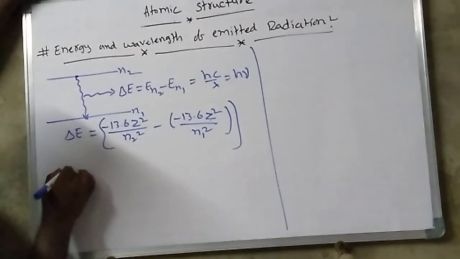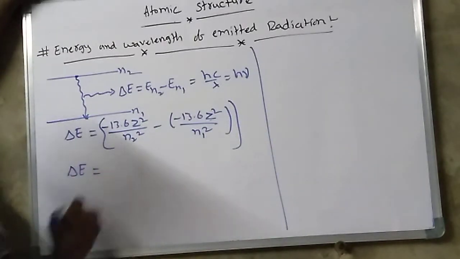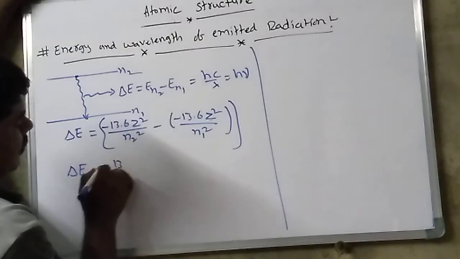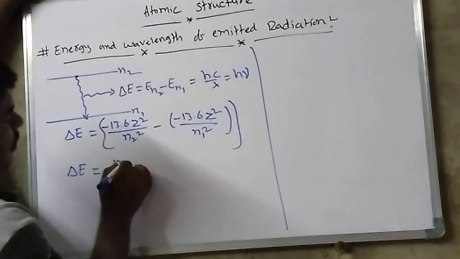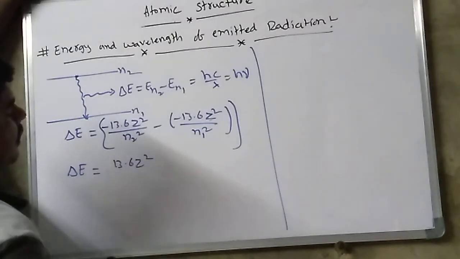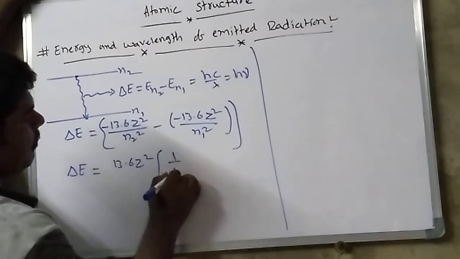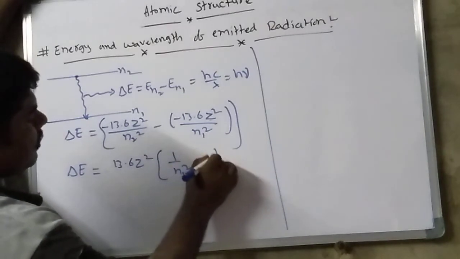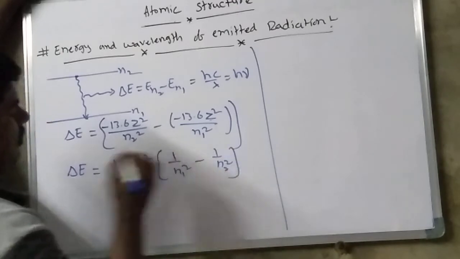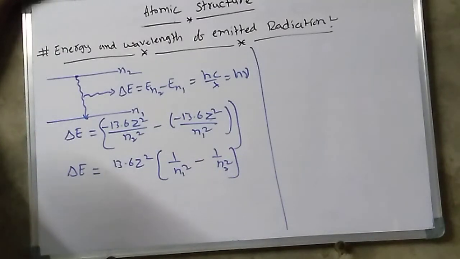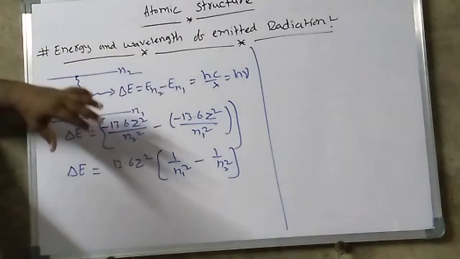So delta E is equal to minus 13.6 Z square plus 13.6 Z square, and you may take out the common factor: 1 by N1 square minus 1 by N2 square.